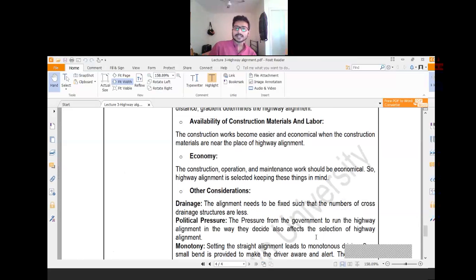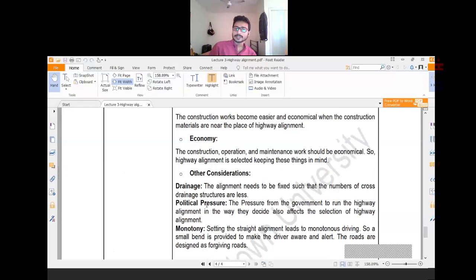Okay. Now there are other considerations. So first one is drainage. Now, regarding drainage condition, the alignment needs to be fixed such that the number of cross drainage structures is less. Suppose some big stream is there, so if that stream crosses that particular alignment, in that case, you need to construct an additional culvert. Okay, suppose some waterfall is there.